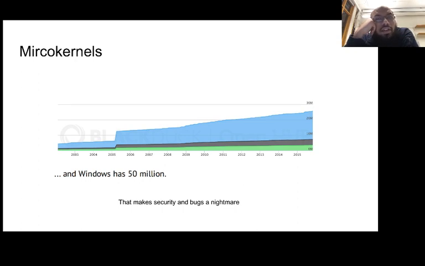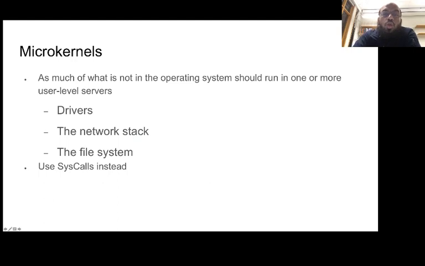And the fact is that whether you have 50 million lines of code or 25 million lines of code, you have potential security risks in the most central part of your operating system. So this has been debated among operating systems researchers if this is even the way to go. Many people think that no, operating systems are now bloated. We should go to microkernels.